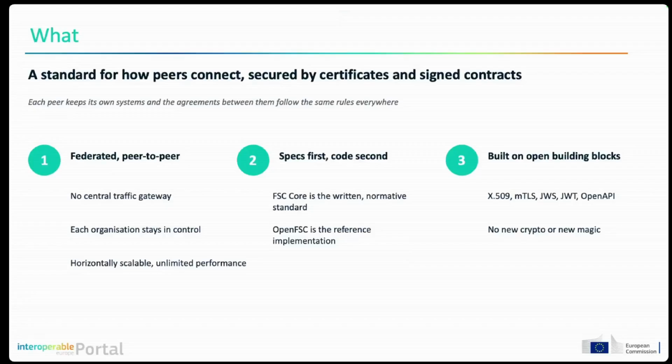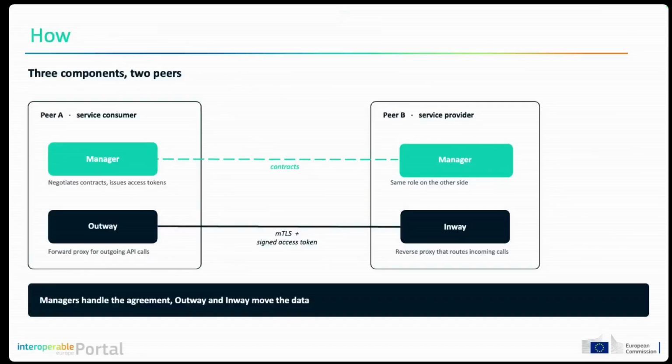And of course, we are using just international standards in an opinionated way to craft this solution. This is basically how it works. We have the data which is flowing between outways and inways, which is just two gateways, but in a reverse role.